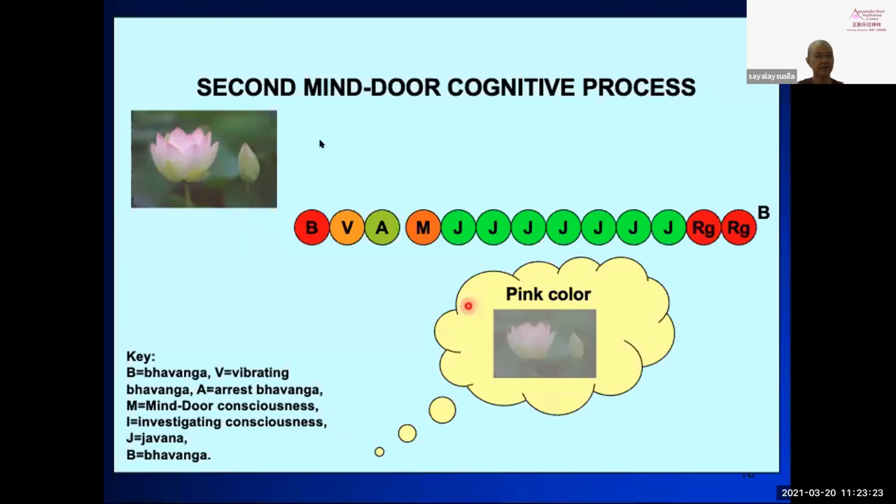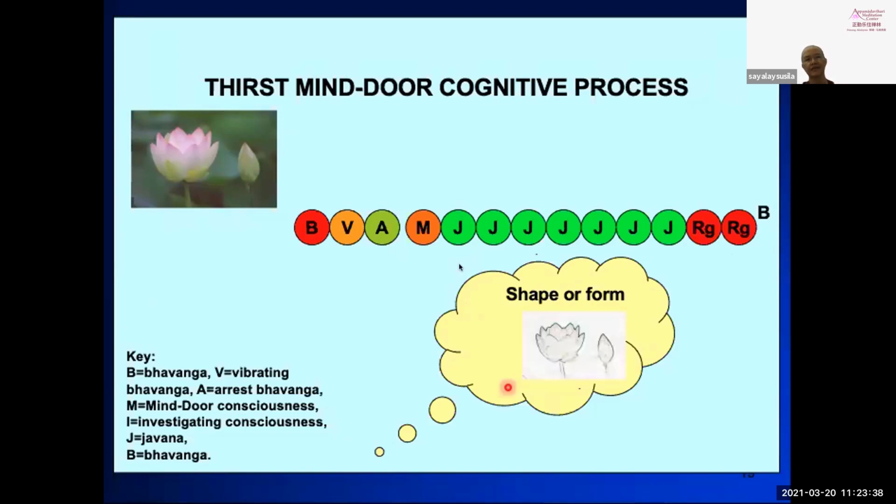For example, this lotus flower is pink in color, so he starts to know the color of the object. Still he doesn't know it's a lotus yet. Then the mind falls into registration consciousness, then falls into bhavanga again. Then the third mind door cognitive process. After knowing what?